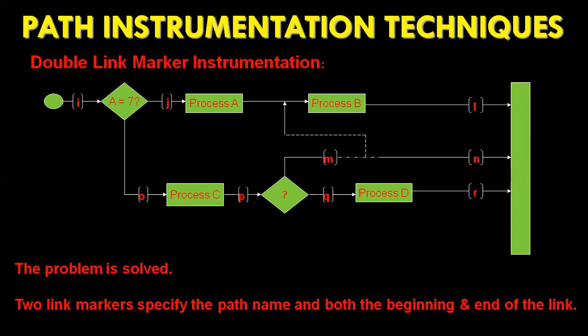Now let us see the link counter technique. The link counter is one of the instrumentation techniques which is based on the concept of counters. That's why we call it a link counter. It is a less disruptive instrument method which is based on counters.